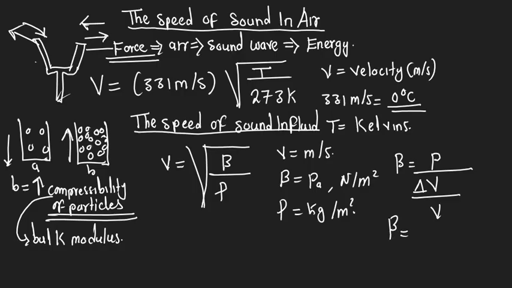This formula can also be written as pressure multiplied by the initial volume over the change, V final minus V initial. The bulk modulus must always be positive, so don't make it negative. But mostly they'll give you the bulk modulus and the density. Use this formula; your units should be meters per second. It is very important for us to understand that concept.